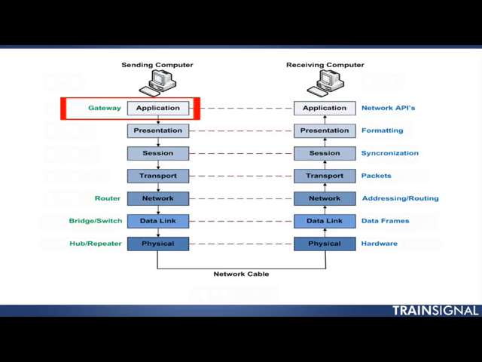There are protocol gateways or translators that can have functionality really throughout the OSI model, depending on what type of protocol and what type of translation is taking place. But most of your protocol translators do tend to be high layer protocol translators. And that's why I put it all the way up at the top at the application layer.